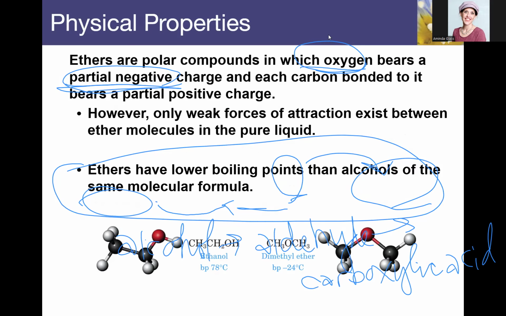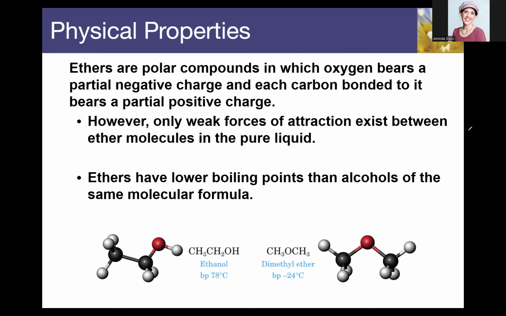So let's talk about ethers now. Ethers are polar compounds. They have oxygen that has a partial negative charge, and each carbon bonded to it would have a partial positive charge. So an example here is your oxygen right here.